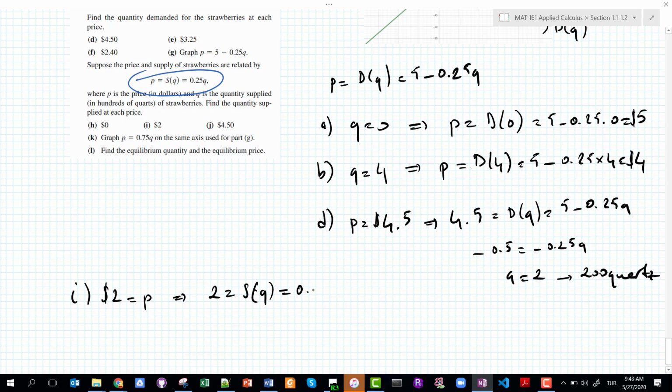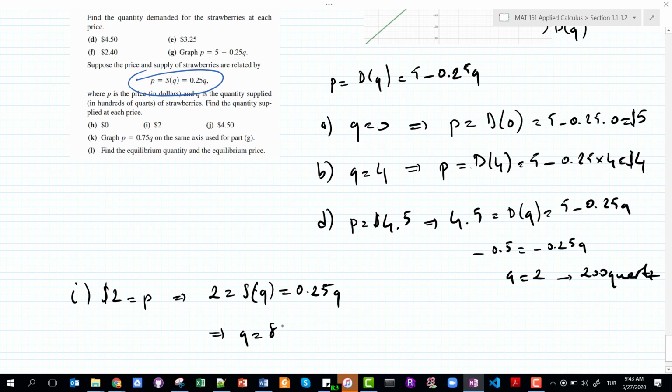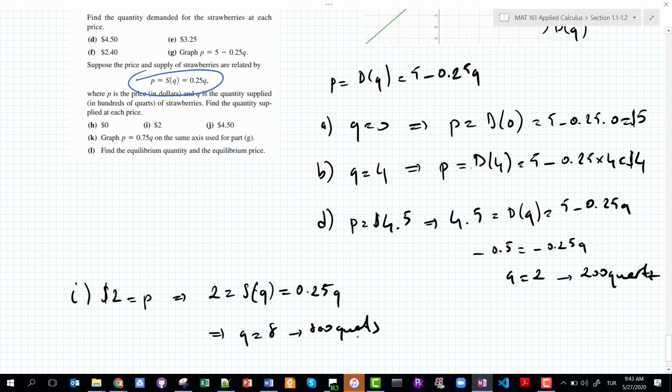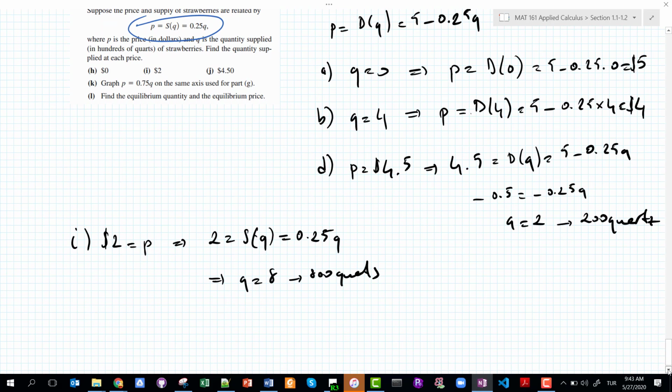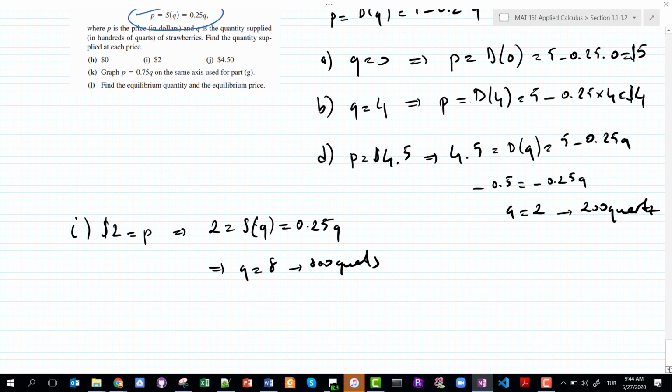The supply function was equal to 0.25Q. Now, if I solve this linear equation, that would give me 8. So that would be 8 hundred, 800 quarts of strawberries in the market if you keep the price at $2.